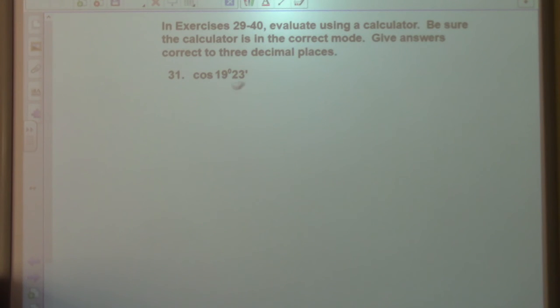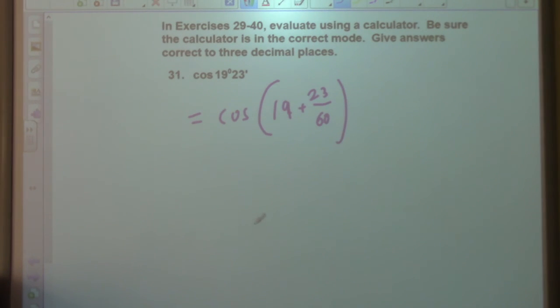Okay, now for this one where you have a DMS, the way I would do this is I would rewrite this as cosine. I'd write 19 plus, how do you convert those minutes into degrees? What's cosecant equal to? Sine. Oh, you combine them? So I would do it this way, number 31.